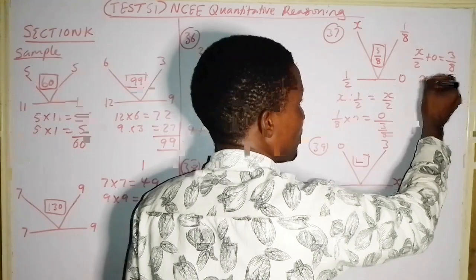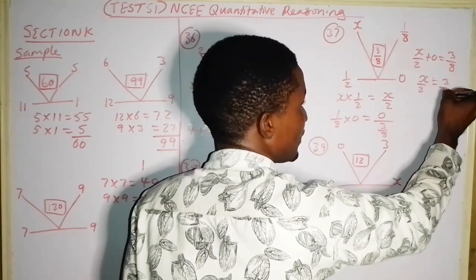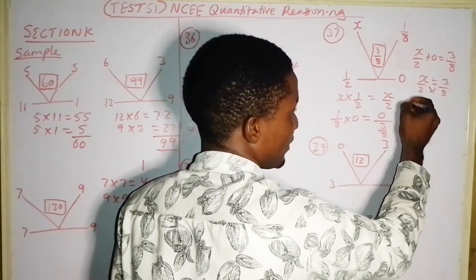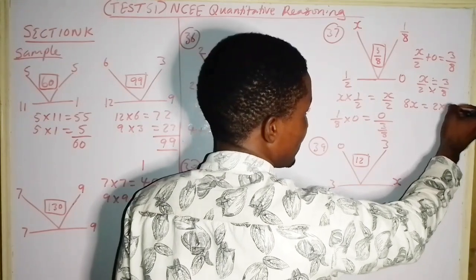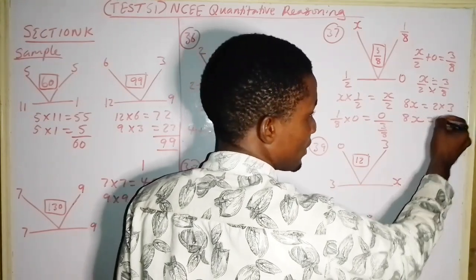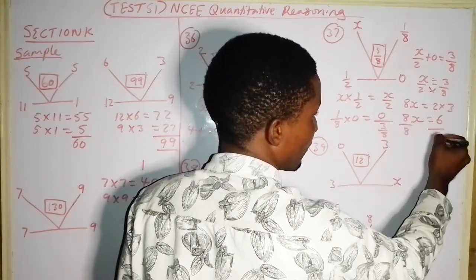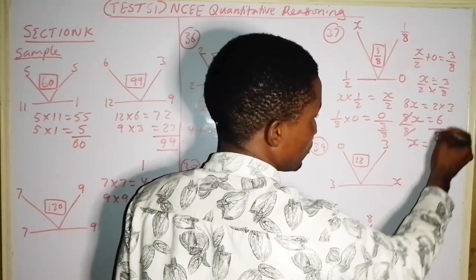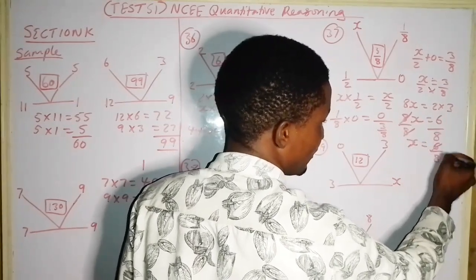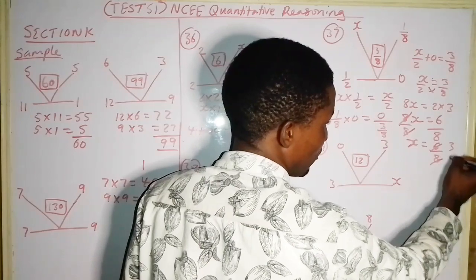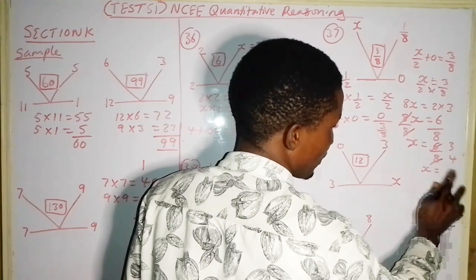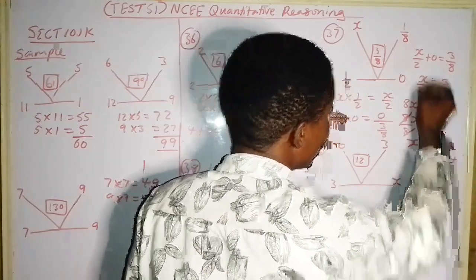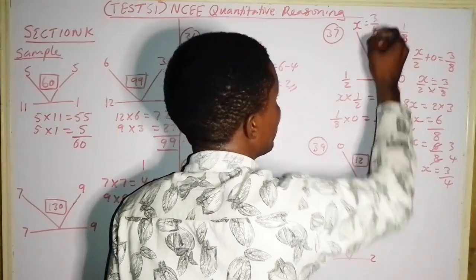So we have x over 2 equals 3 over 8. Let's cross multiply it. So we have 8x equals 2 times 3. And 8x will be equal to 6. Divide both sides by 8. So x will be equal to 6 over 8. And you can reduce this. 2 here is 3, 2 here is 4. So your x will be equal to 3 over 4. That is our missing number here, 3 over 4.